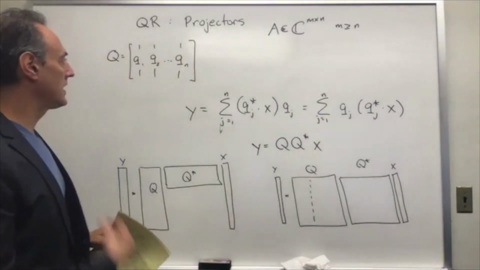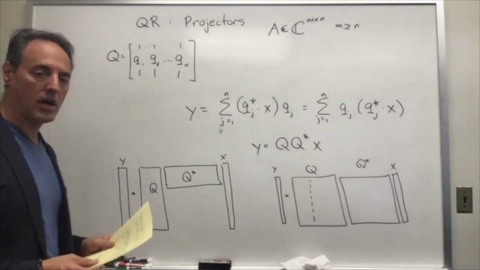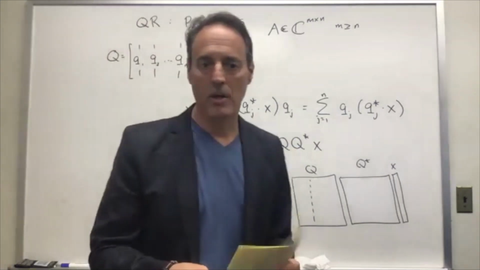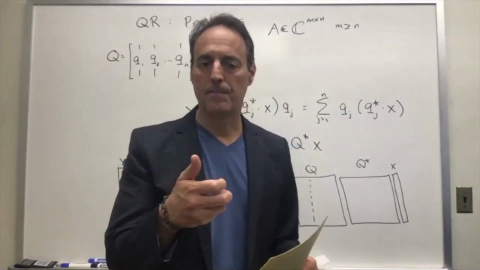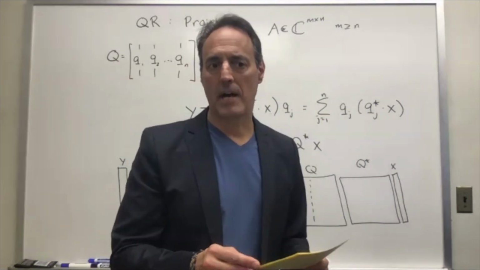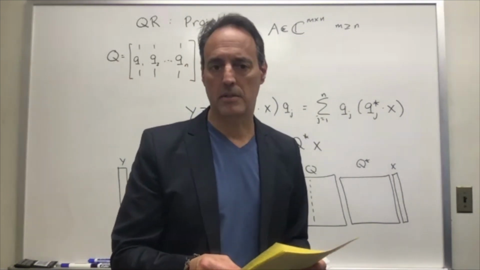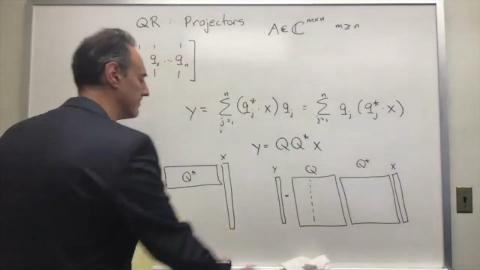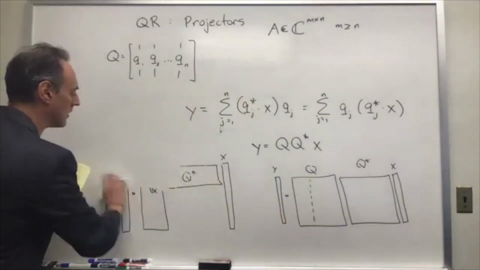All right. So that's going to be the concept. And so I want to start talking more broadly about properties of projectors and how we're going to use them in thinking about a modified Gram-Schmidt approach. So I'll erase these.